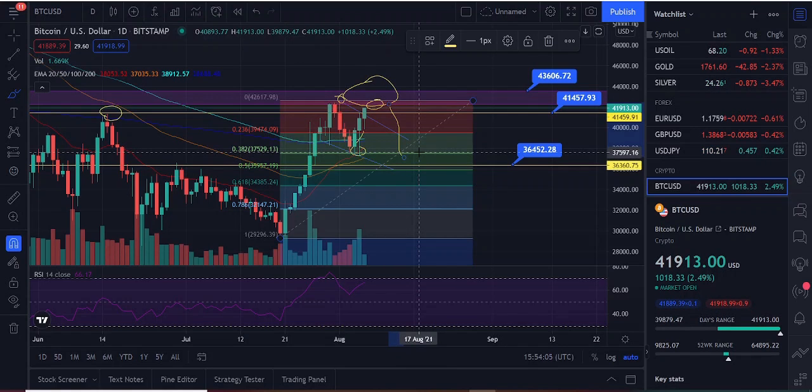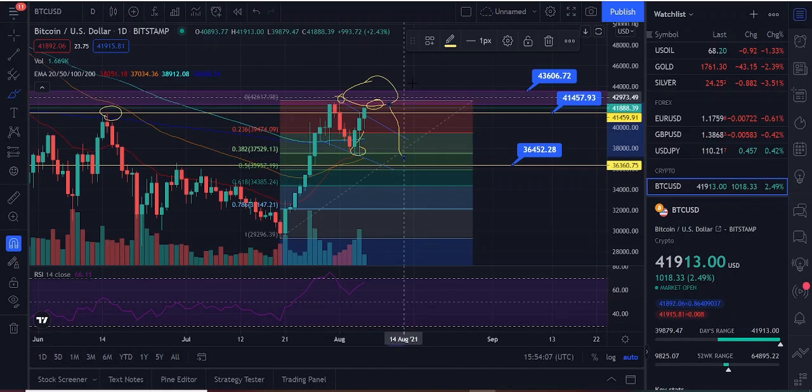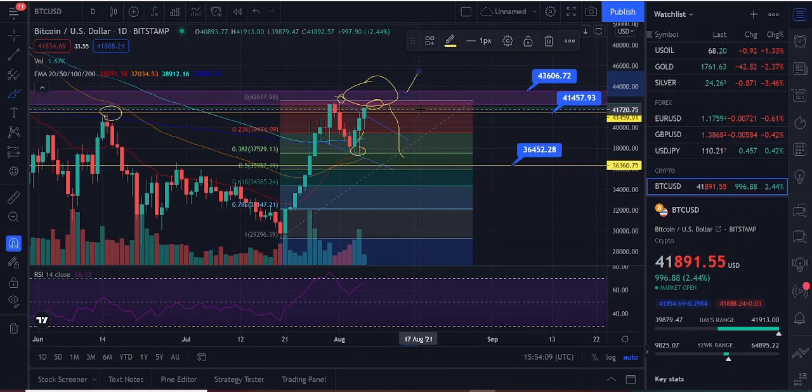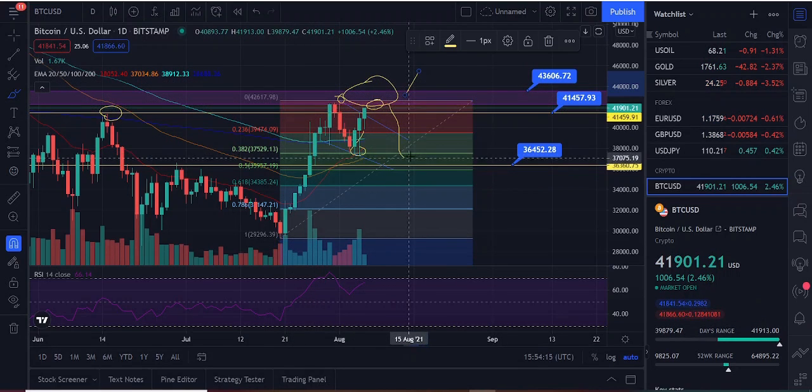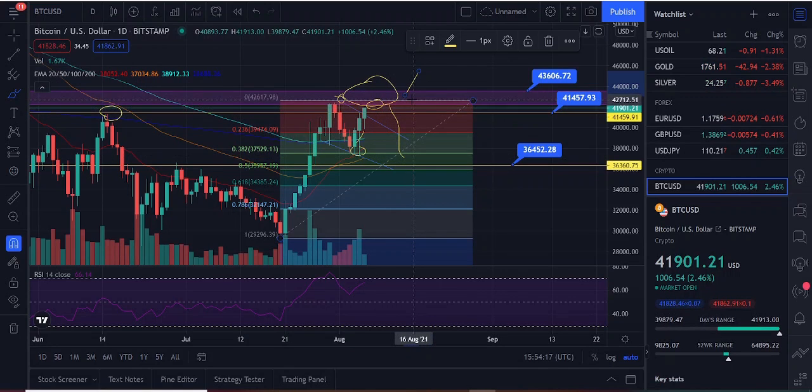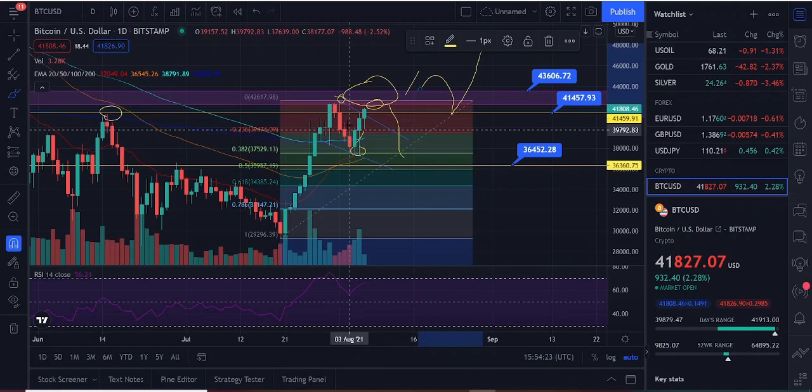Of course, Bitcoin can surprise us and break through. So we are now seeing what Bitcoin will do on this box. Will it be a resistance and will we fall over again? Or will we now break through and make it count as a support, and then we're off.